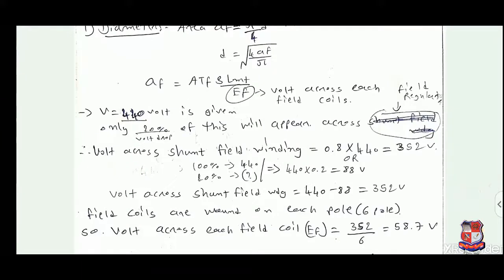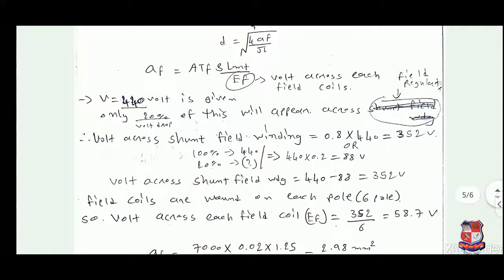The remaining is 80% of 440 volt, so it will be 352 volt. You can also calculate directly: if you know it is 80%, then 0.8 into 440 will be 352 volt. So your voltage across the shunt field coil will be 352 volt.